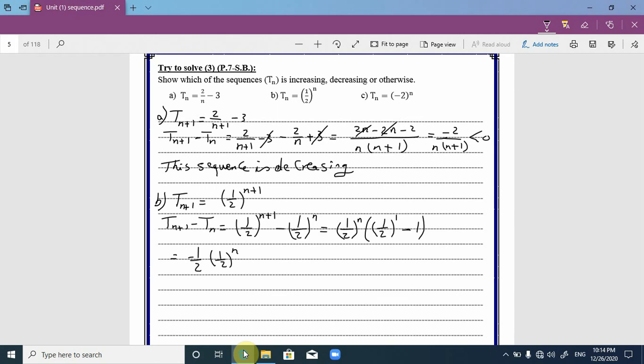This result is negative, less than 0, so the sequence Tn is decreasing. That's right.